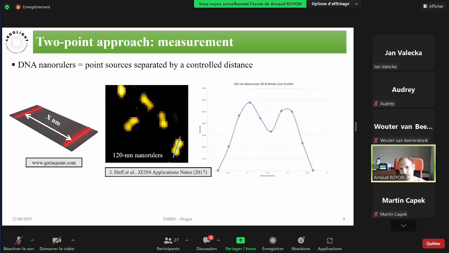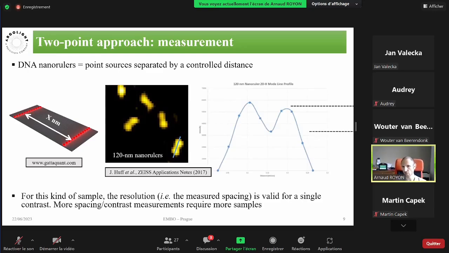And you draw an intensity line profile, and you measure the distance between the two peaks, and you measure the associated contrast. What is important to note is that for this kind of sample, the resolution, that is the measured spacing, is valid only for a single contrast. If you want to have access to more spacing and contrast measurements, then you need more samples like this with different spacings.